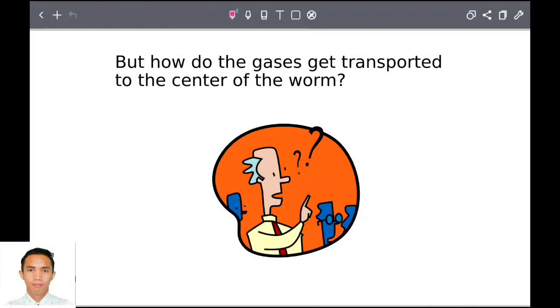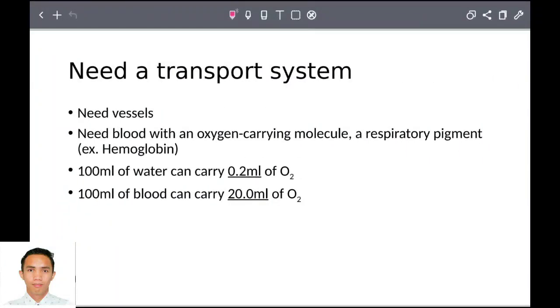But how do the gases get transported to the center of the worm? They need a transport system. They need vessels, and blood with an oxygen-carrying molecule, a respiratory pigment, for example hemoglobin. 100 ml of water can carry 0.2 ml of oxygen. 100 ml of blood can carry 20.0 ml of oxygen.